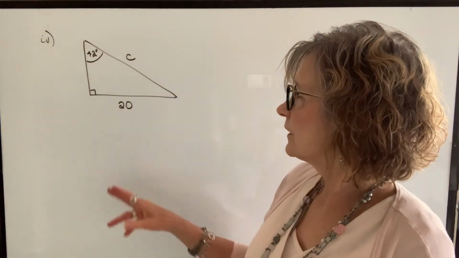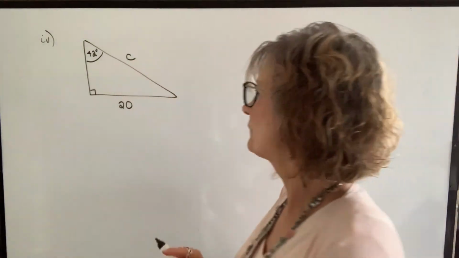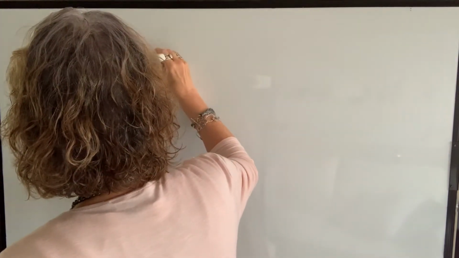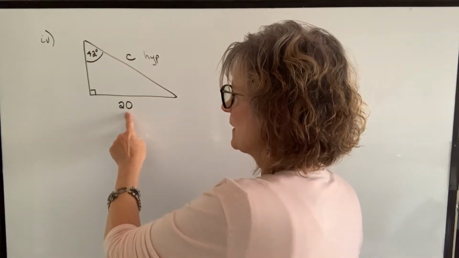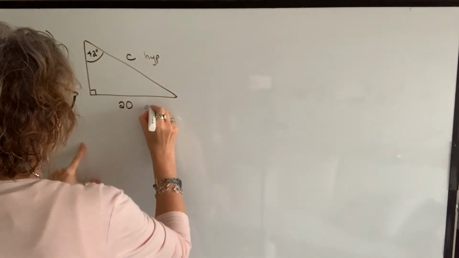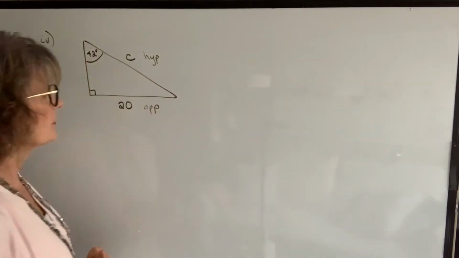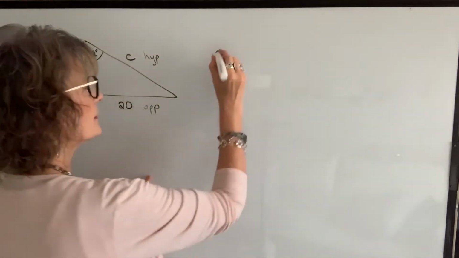Okay, in this right triangle, we're asked to find length C, which happens to be the hypotenuse. We're given this angle and this side is opposite the angle that we're given. So the trig function that uses hypotenuse and the opposite side is the sine function.